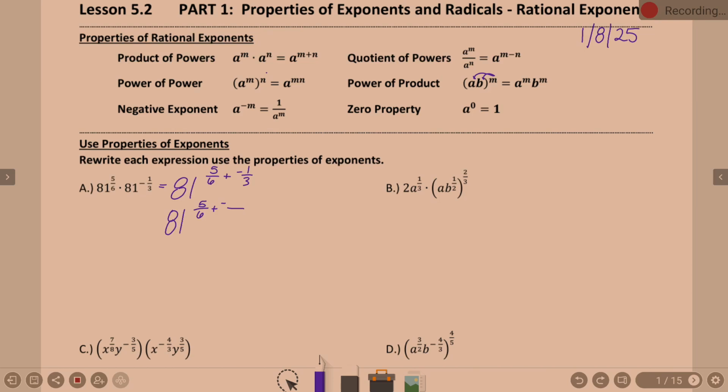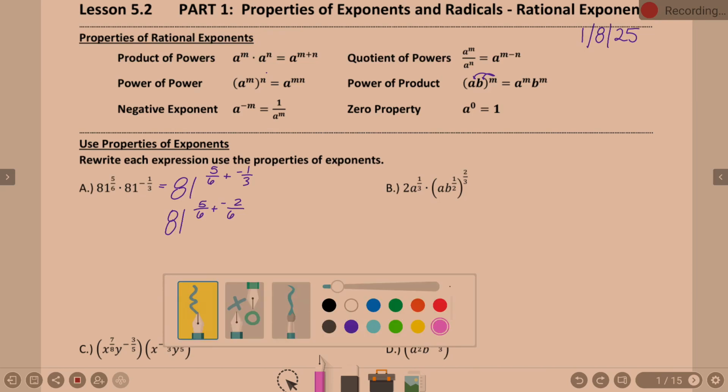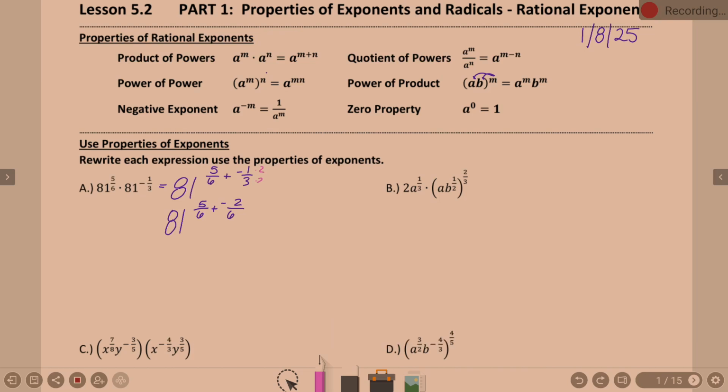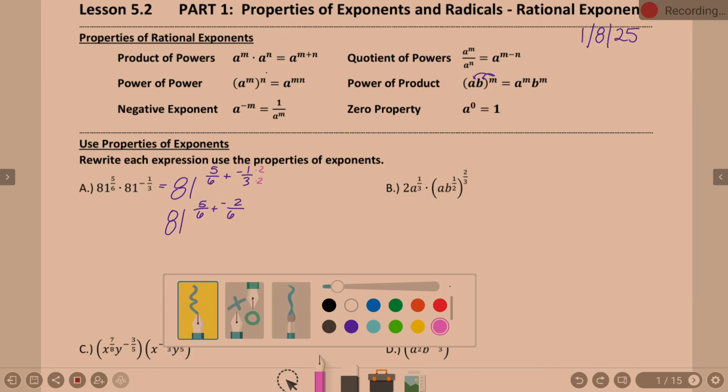Common denominator: 3 and 6 both go into 6. 3 times 2 is 6, so 1 times 2 is 2. Are we there? Ashley did it great. I'm trying to make sure everyone's caught up that we need that common denominator and how to get it.